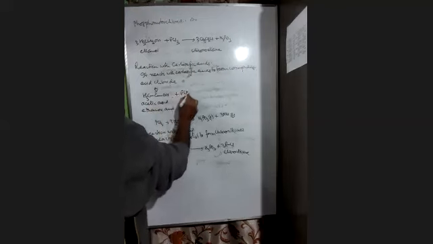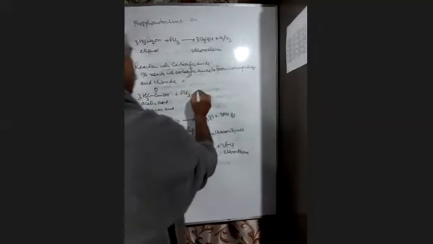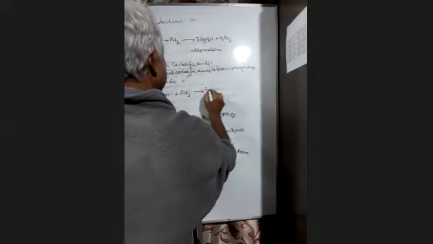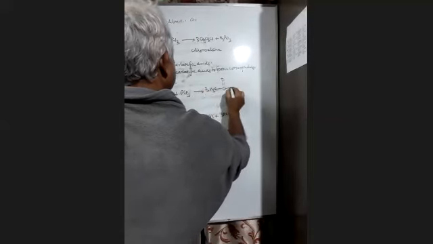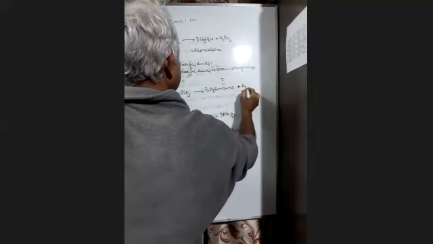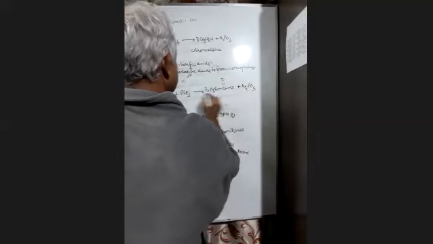This is called acetic acid or ethanoic acid. I react it with PCl3. So you will get CH3COCl plus H3PO3.